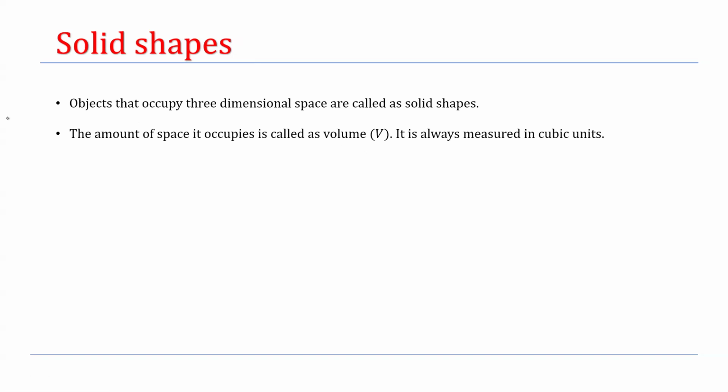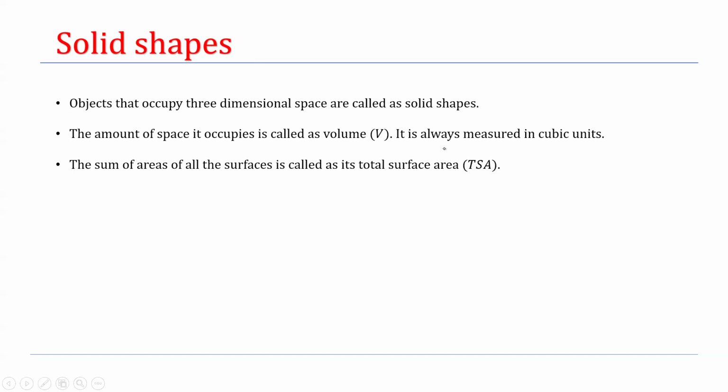Every object has some surface area, right? Assume there is a ball. Ball has a surface, right? Yes, sir. So it will have a surface area also. That is called total surface area. The sum of areas of all surfaces is called total surface area.